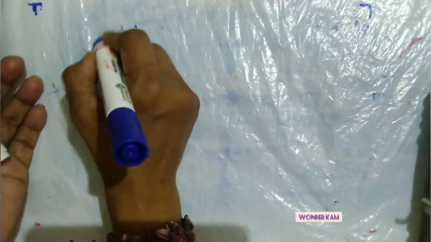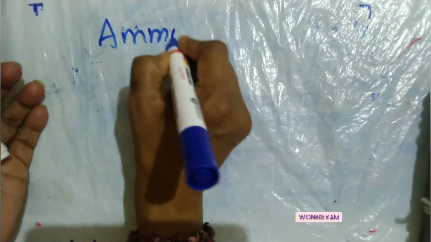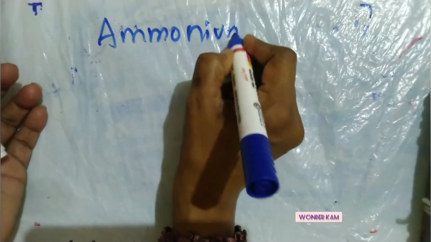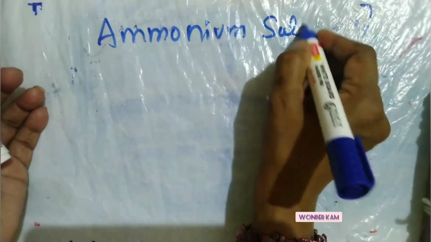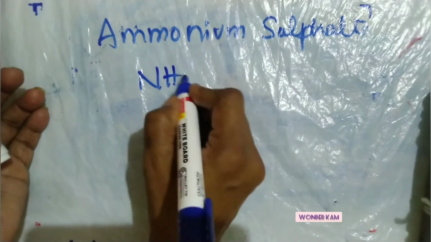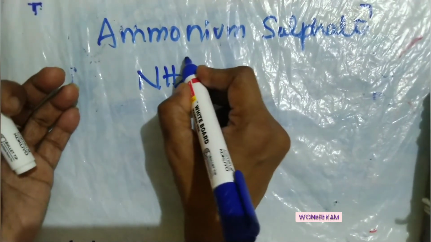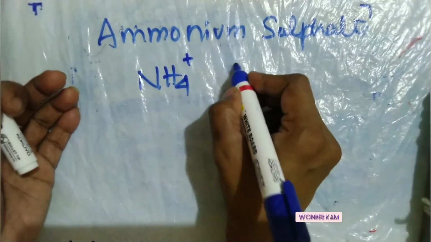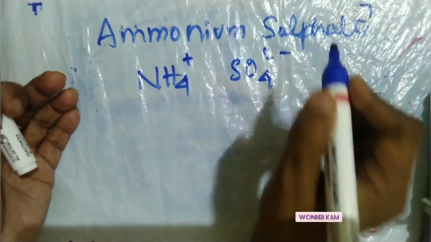If we go for ammonium sulfate, ammonium is a polyatomic ion with one positive charge, and sulfate, as you know, is 2 minus.